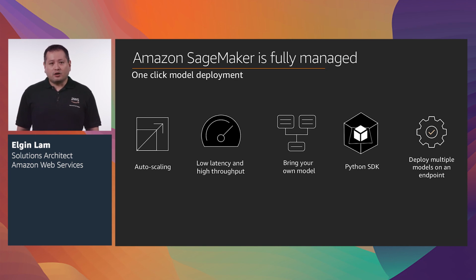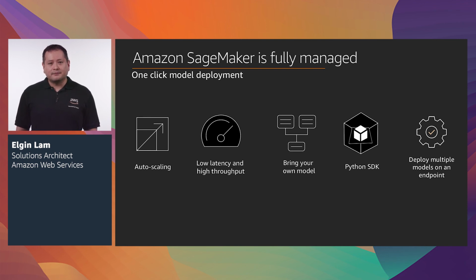Amazon SageMaker will launch the instances, deploy your model, and set up the secure HTTPS endpoint for your application. Your application simply needs to include an API call to this endpoint to achieve low latency, high throughput inference.